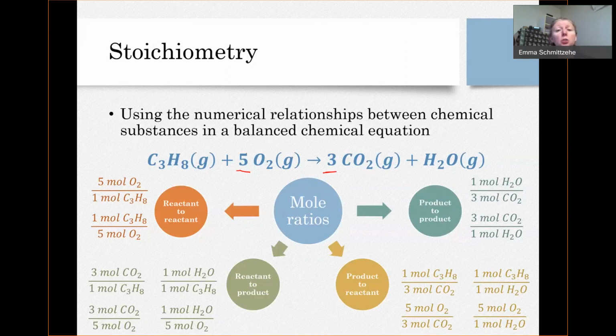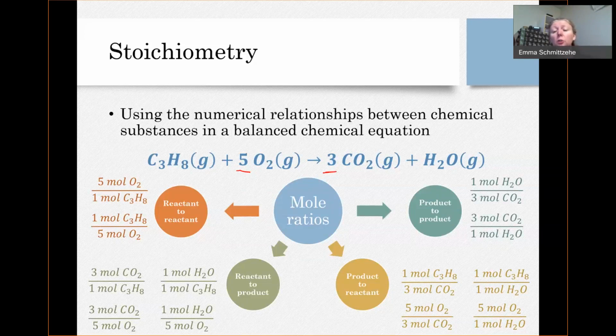So we're trying to do some particular calculation and we'll build the ratio we need when we need it. Okay. And the way we figure out what ratio we need is by performing dimensional analysis. Okay. And so you follow the units and it'll tell you what mole to mole ratio you need. Okay. So with stoichiometry, it's all based on mole to mole ratios that come from a balanced chemical equation.